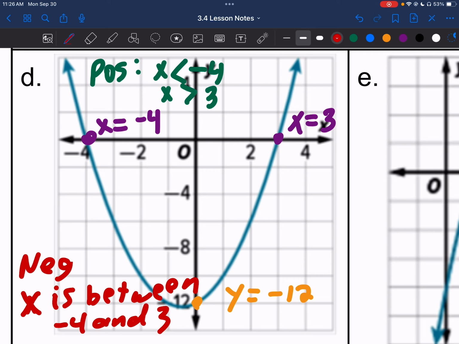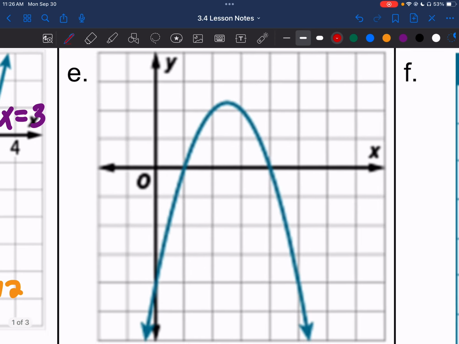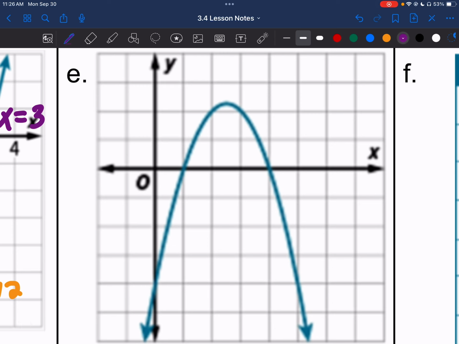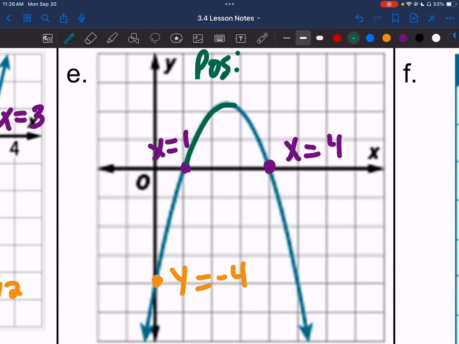All right. Letter E, another quadratic. We have x-intercepts x equals 1 and x equals 4. Those are the roots of that equation. My y-intercept is way down here, y equals -4. It is positive in this interval here, so x is between 1 and 4.